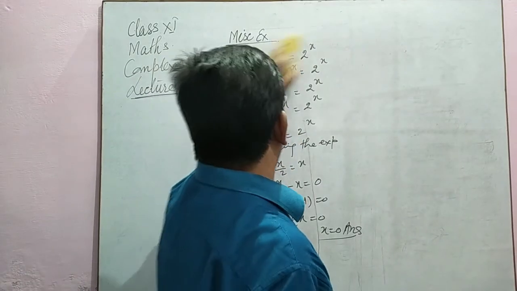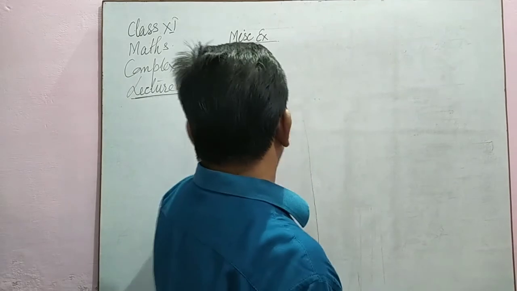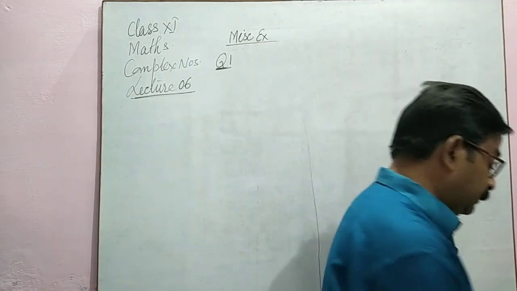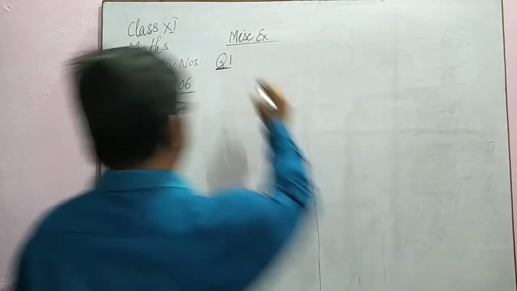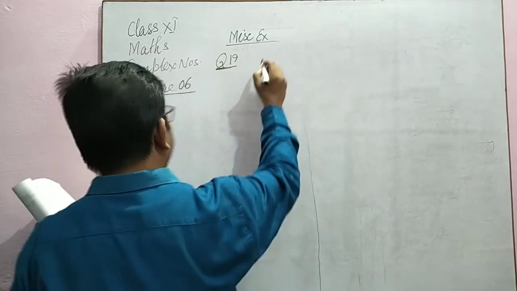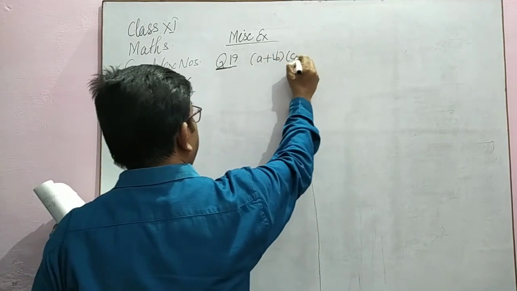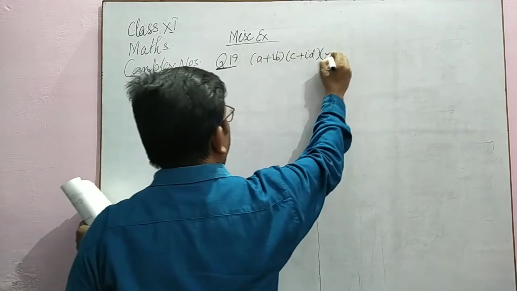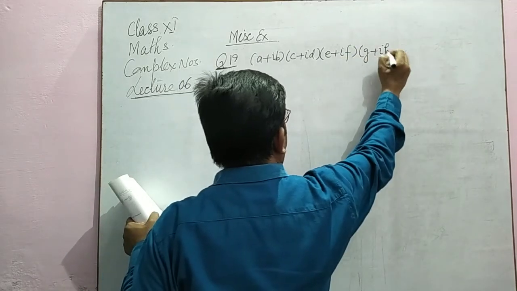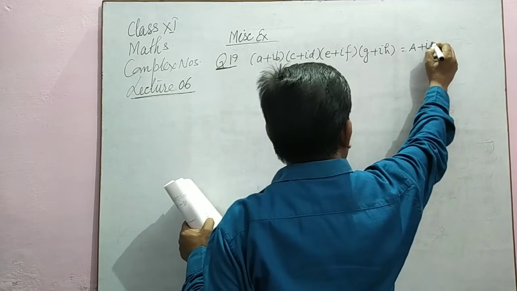So the next question is question number 19, a simple question. We are given that (a plus ib)(c plus id)(e plus if)(g plus ih) is equal to A plus iB.